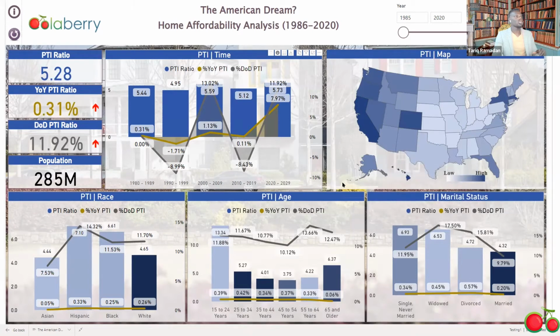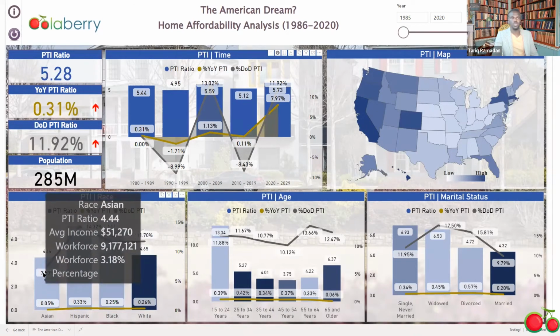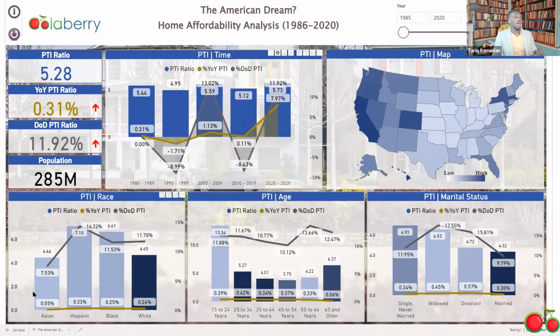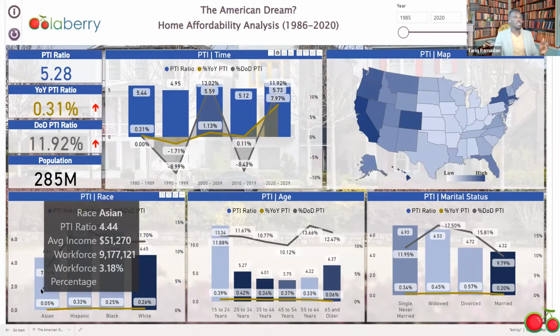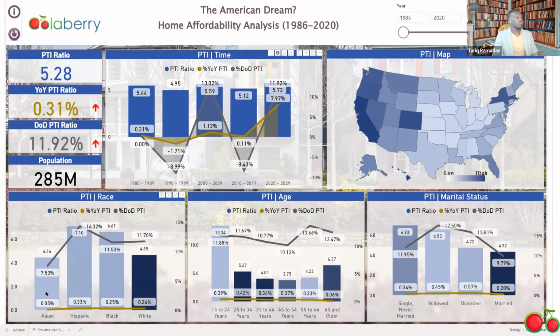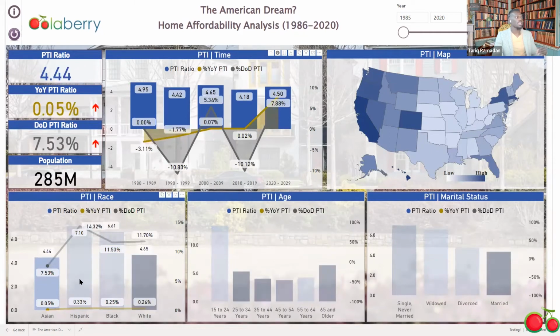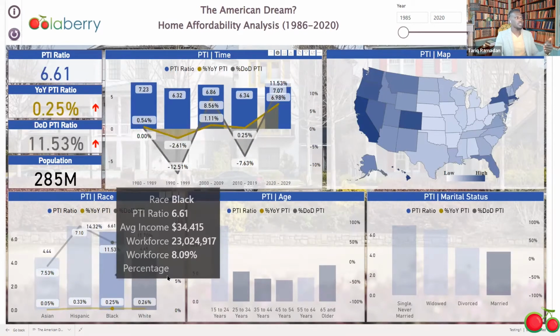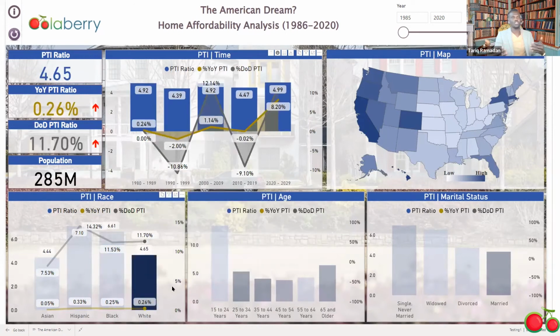Now, going into the race visual, being that we are speaking about income, Asian Americans are the lowest percentage of the workforce, yet they have the highest income in comparison to everyone else nationwide. Because of that, their PTI is the lowest, as you can see at 4.4, while everyone else is higher: Hispanics at about 7%, Black at around 6%, and then white, the second lowest at about 4.645%.